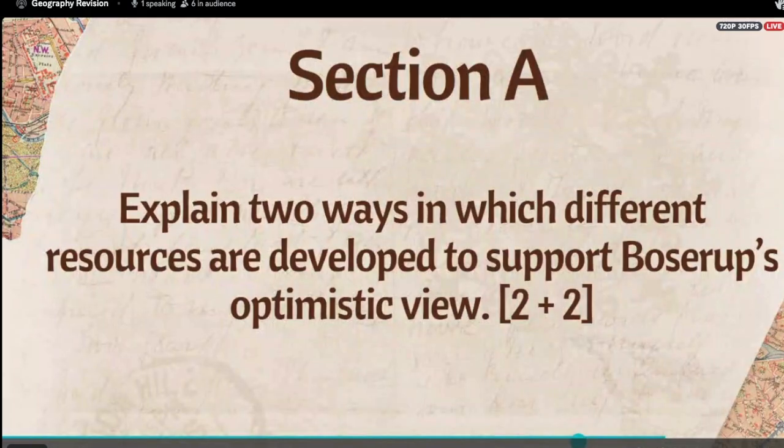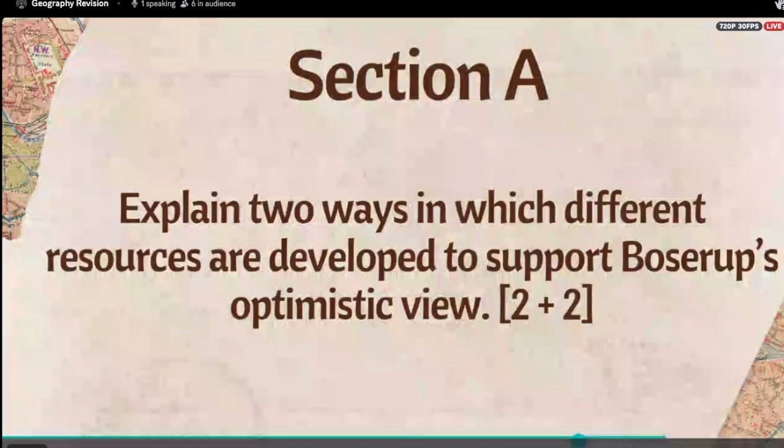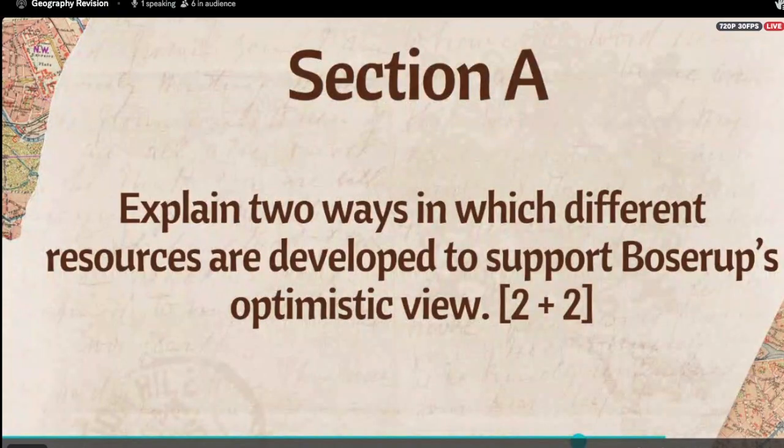Boserup is the positive one, Malthus is the negative one. I scared someone and they left, I feel so bad. Just try. I will give you the mark scheme anyway, but you have to at least earn it.